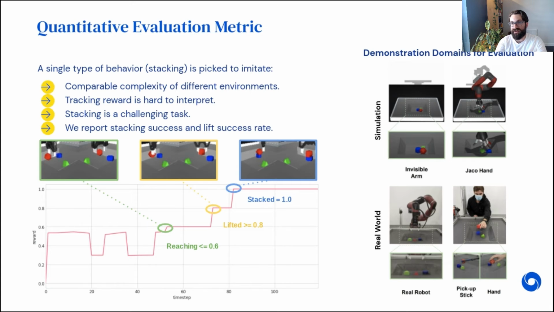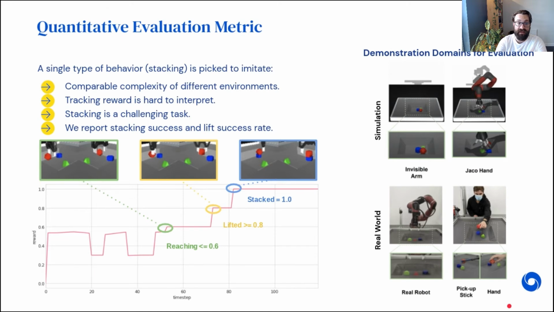For our evaluations, we used 5 demonstration domains. We used the invisible arm that I've talked about earlier, the 3-finger Jaco hand. We used the real equivalent of our imitating agent. And then we used 2 settings where somebody in the lab used either the hand or a pickup stick to manipulate the objects.